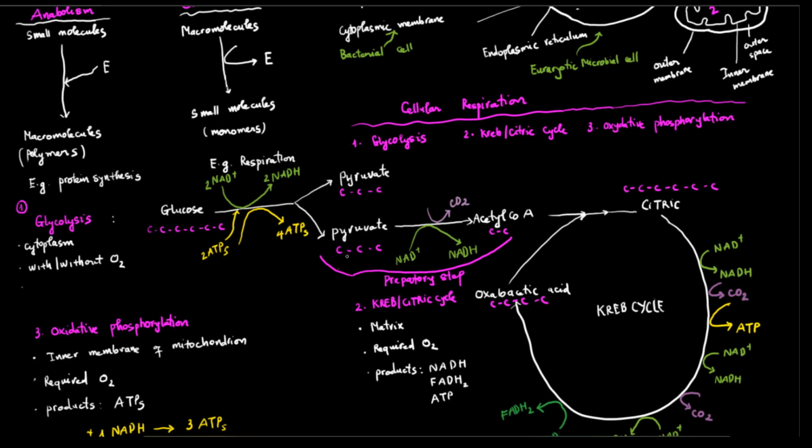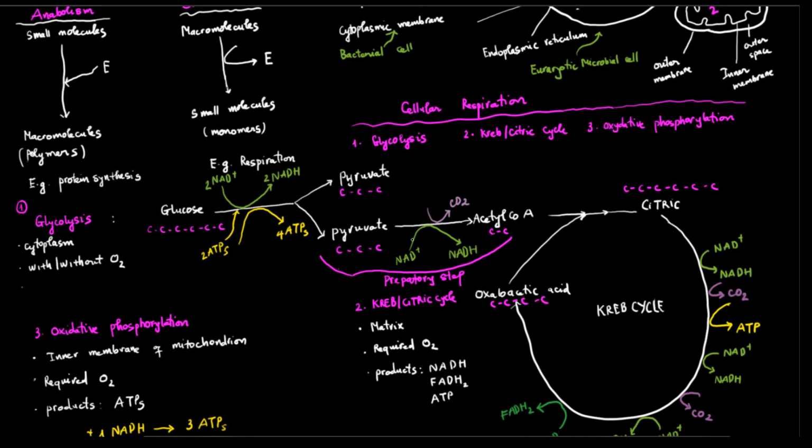Pyruvate has 3 carbon atoms. Acetyl-CoA has 2 carbon atoms. Therefore, when pyruvate is converted into acetyl-CoA, 1 carbon is cleaved off the molecule and is released in the form of carbon dioxide.